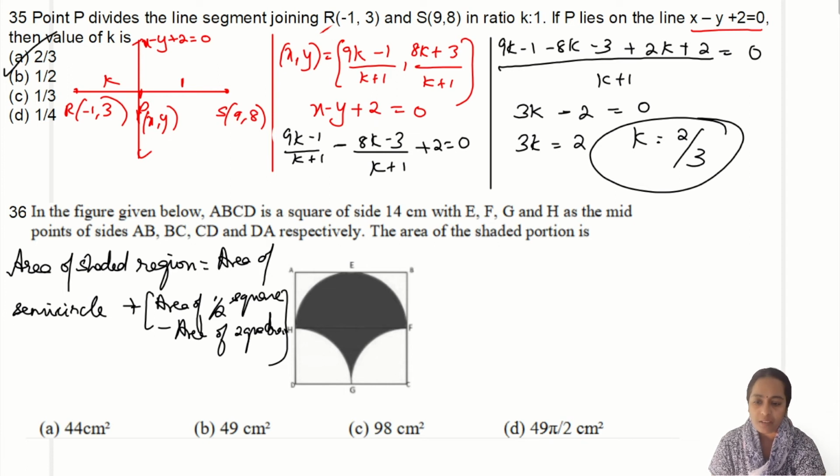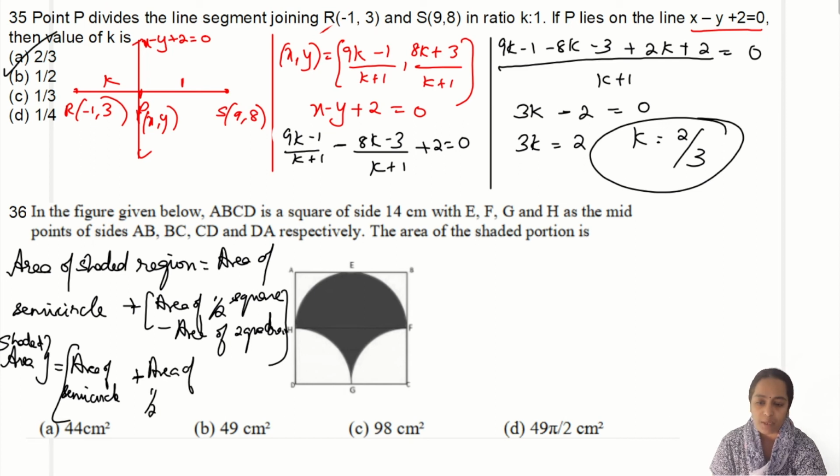So again I write it, the shaded area is going to be area of semicircle plus area of half square minus area of 2 quadrants. What is this area of 2 quadrants? All of us know, two quadrants of a circle will make up a semicircle.